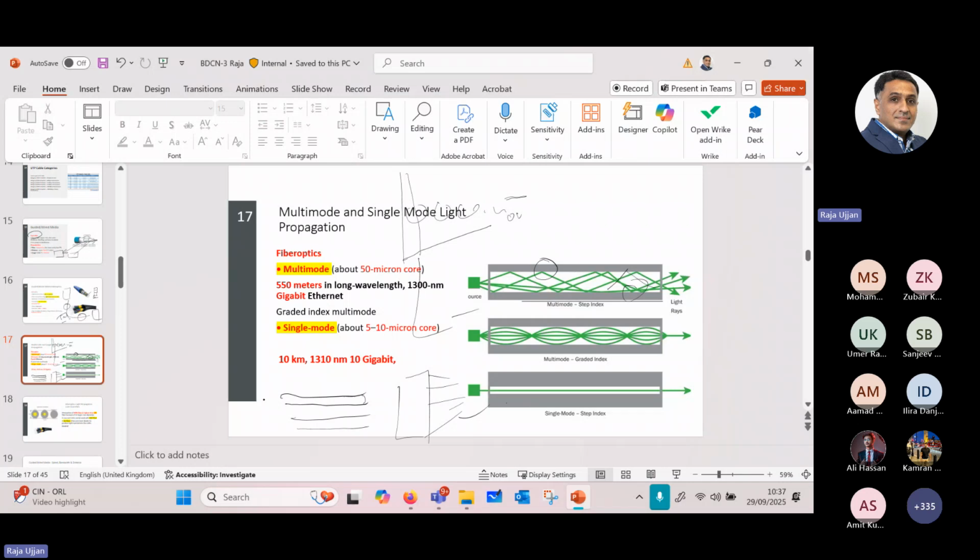Let's say you insert any light here. If it's a step index, the inside glass is designed this way. So when the signal transfers here, it will bounce at different angles like this, 45, 45, 35. Step index means there are gratings, so once the light touches this surface, it goes in a different direction. Why?